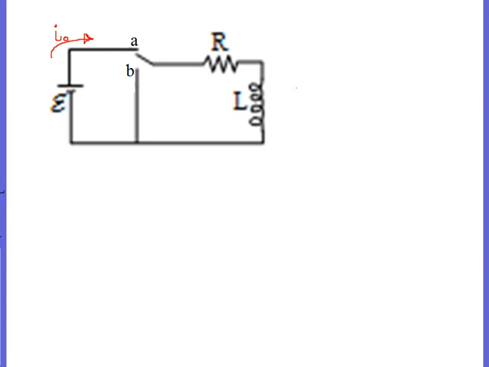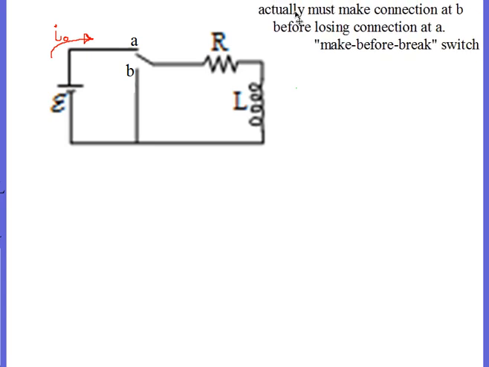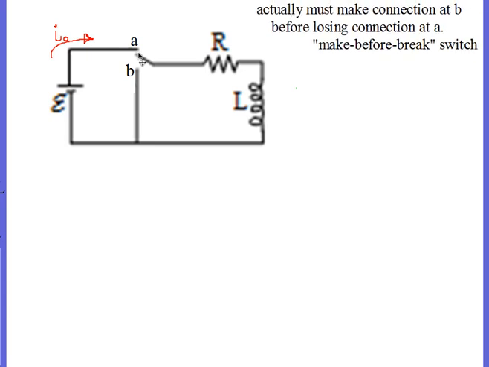The book pointed out something to me that I'd never realized before: to actually get this to work, you have to make a connection at B before you break the connection at A. It's worthy of thought. I haven't given it much thought, but they say what you need is a make-before-break switch, which exists evidently.